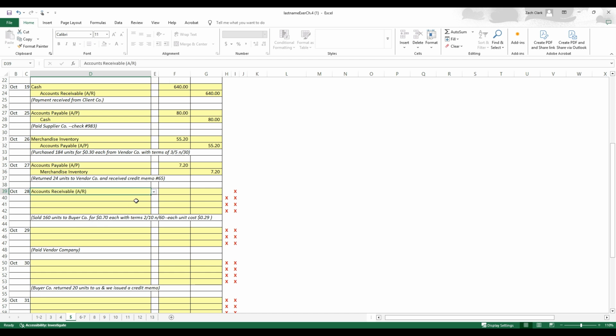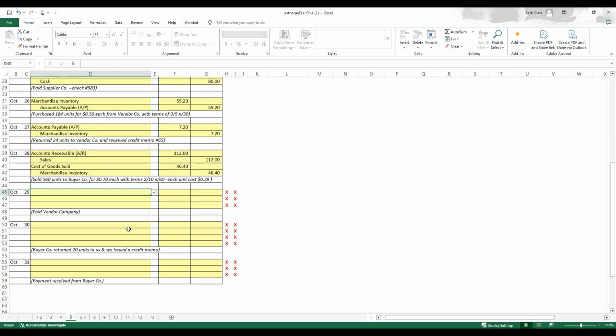So let's get back and do our familiar sales entries. 160 times 0.7 for the sales part, and then the cost was 29 cents each, so times 0.29.